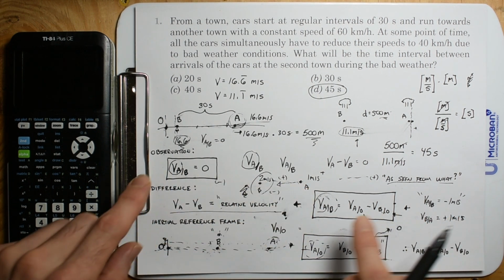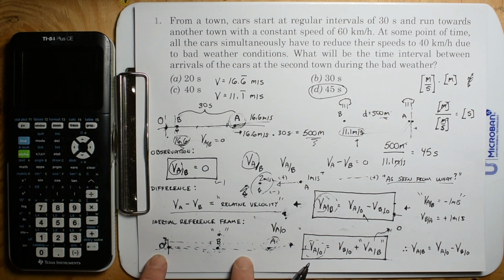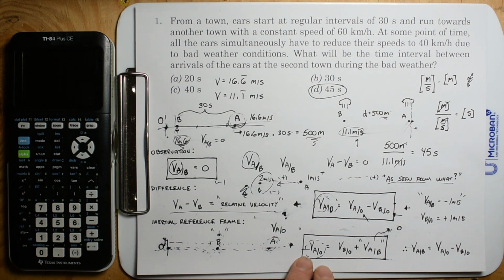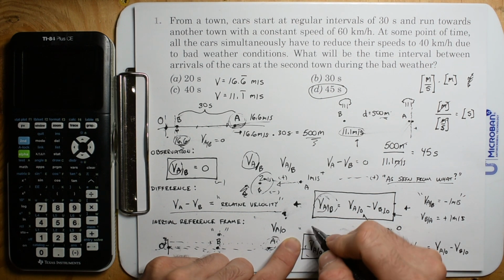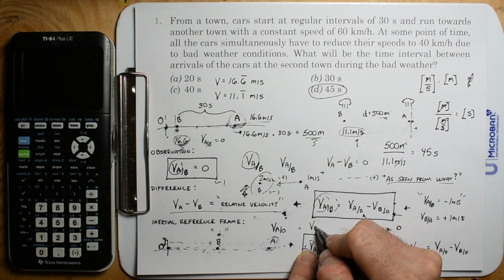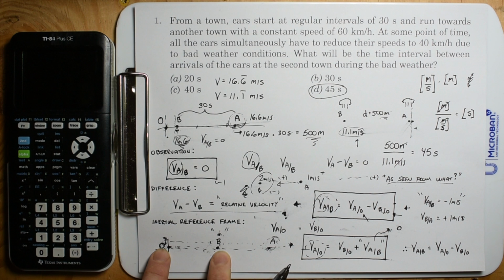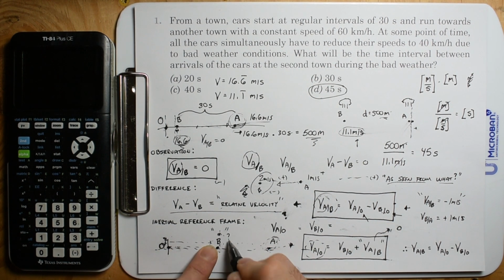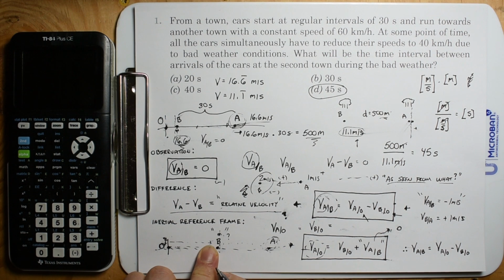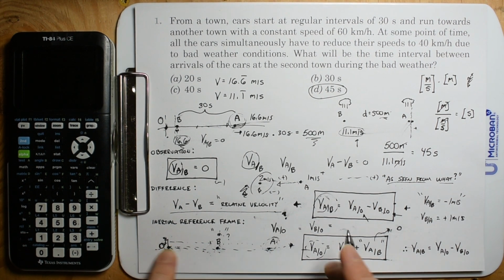Cool. So now let's do it from this inertial reference frame. From this perspective, we would have the two equations. We also want to know the velocity of B with respect to O. And then let's say in this, we don't know what B is, but we do know what A is. So cool, I'm going to start there.